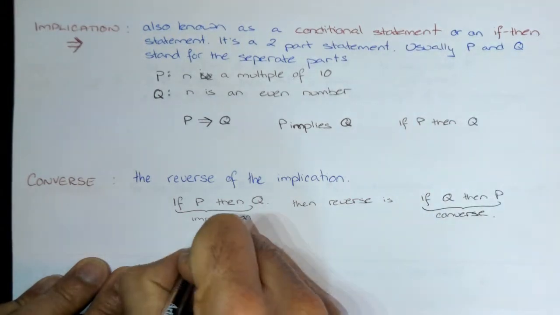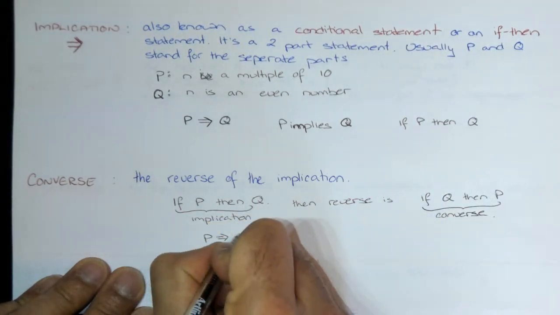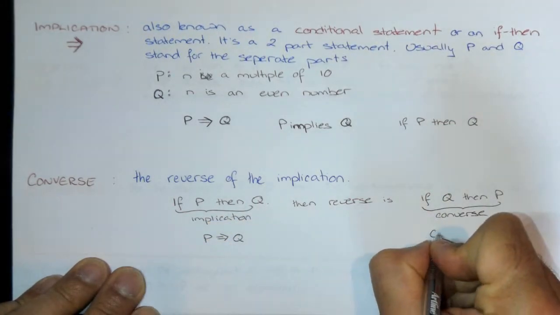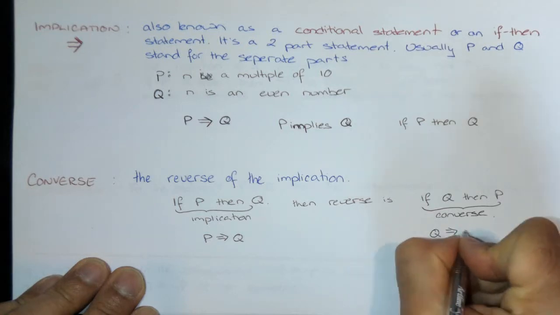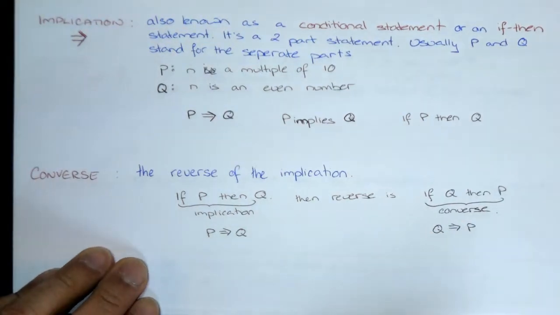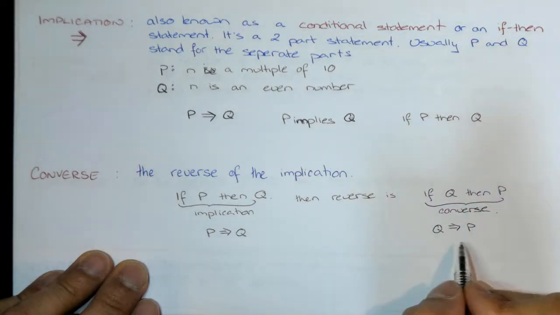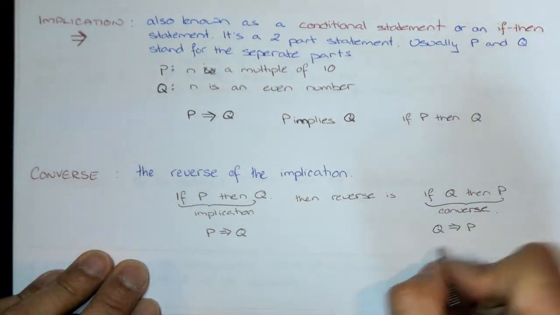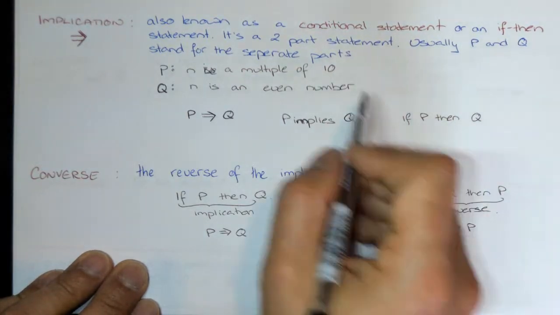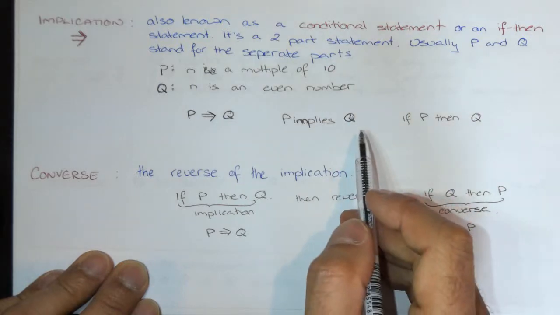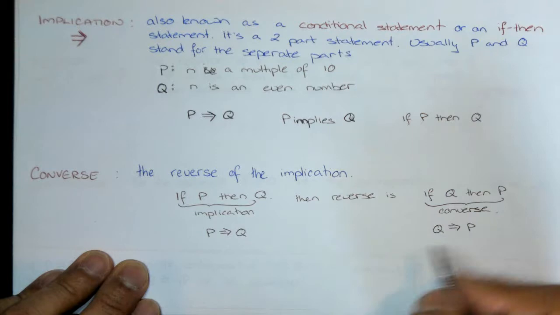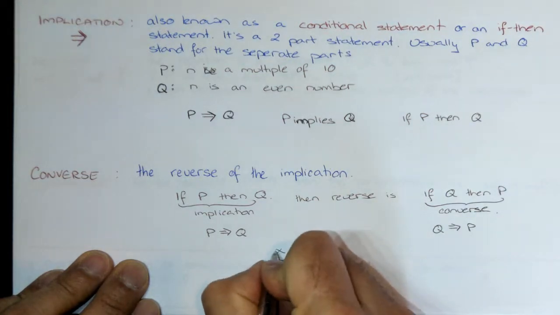The converse may not be true. If you have the first implication, it doesn't necessarily imply that the converse is also true.